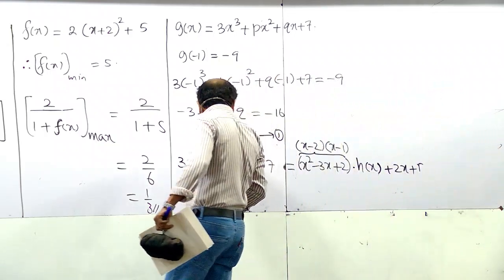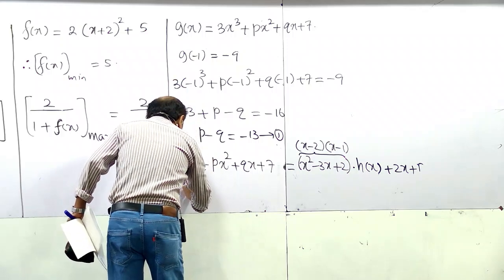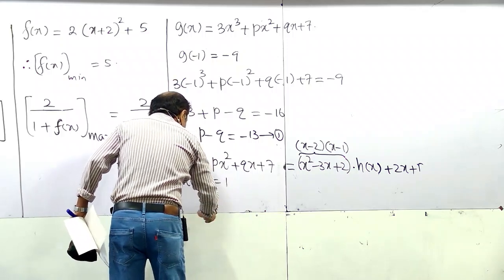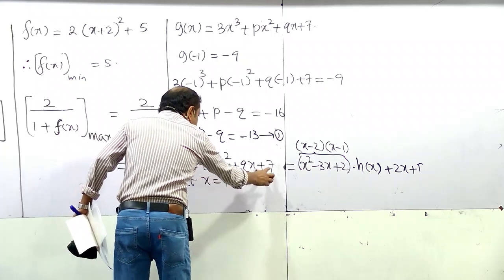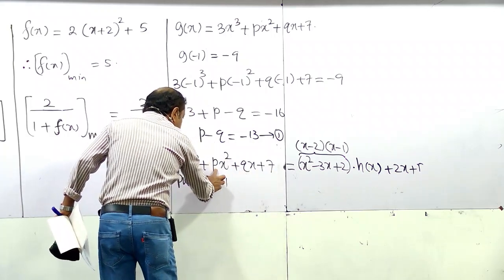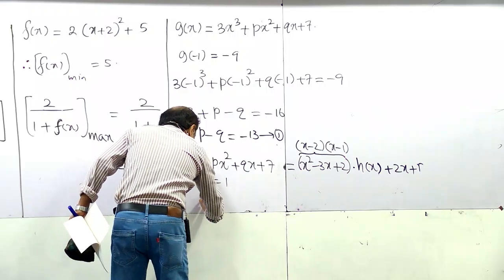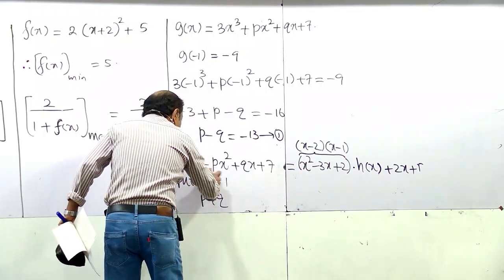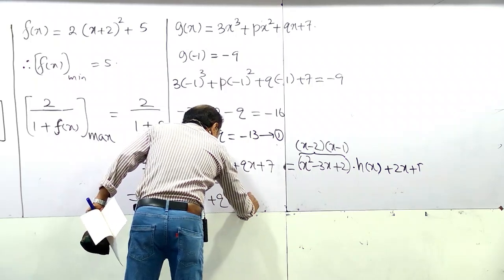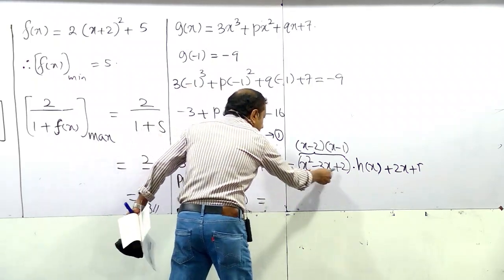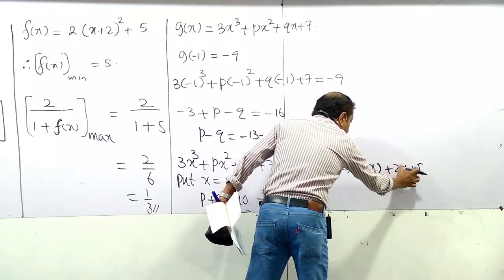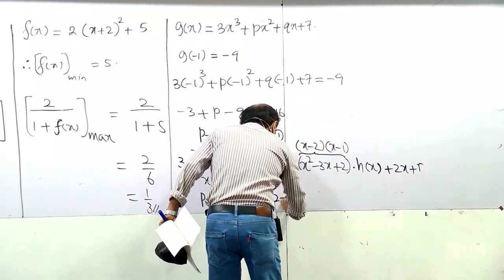Right? Put x equals 1. Here we get 3. Here we get 7. Here we get p. Here we get q. p plus q. Here plus 10. This entire thing is 0. Here 2 plus r. Right.